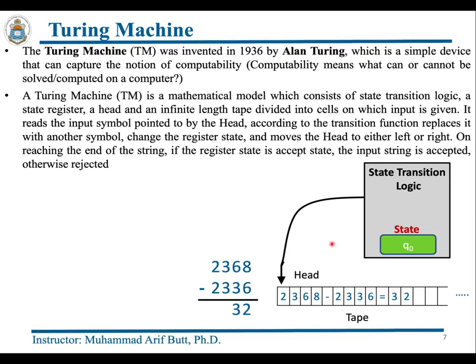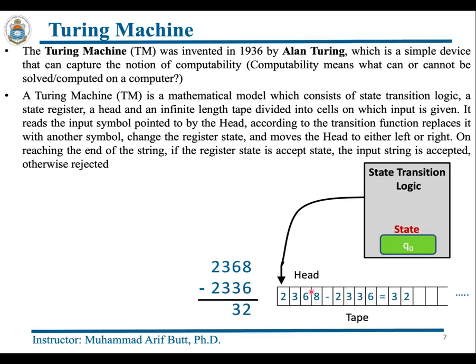Well, a Turing machine is a mathematical model which consists of a state transition logic, a state register, a head, and an infinite length tape divided into cells on which the input is given. And the input can be data as well as instruction.